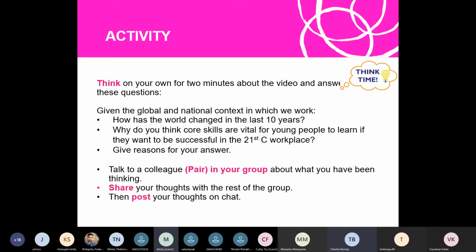My question is, do you think we are preparing young people, let's look at your context in Lesotho, to live and work and thrive in the 21st century?